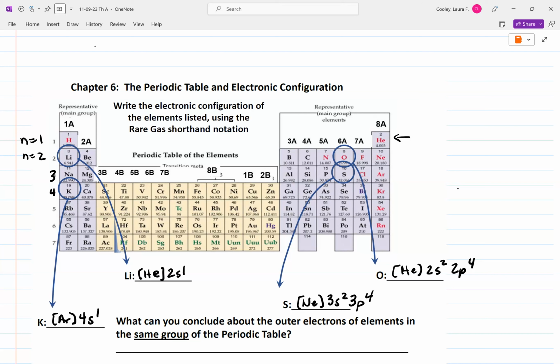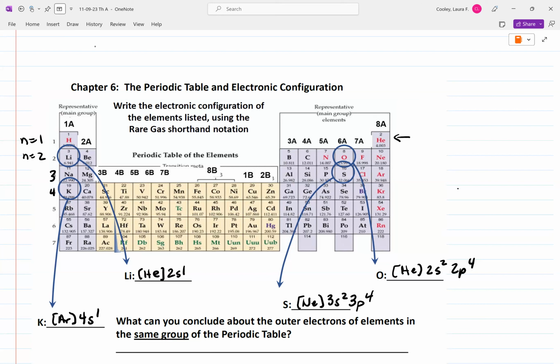They all have one s electron in their outer shell. Over here, all the elements in this group 6A end in ns2, np4. They all end up with 2 s electrons and 4 p electrons in their outer shell.